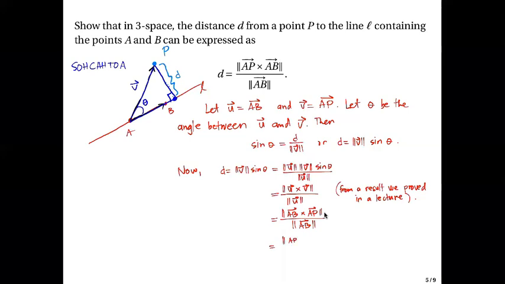So AP cross AB, you get the norm of that. It's still the same as the previous line, over the norm of AB. And that's what we have in here. So that's it. We have the formula for the distance.